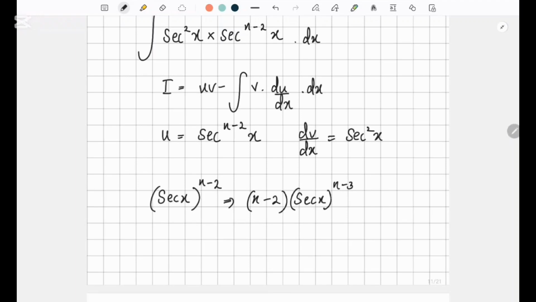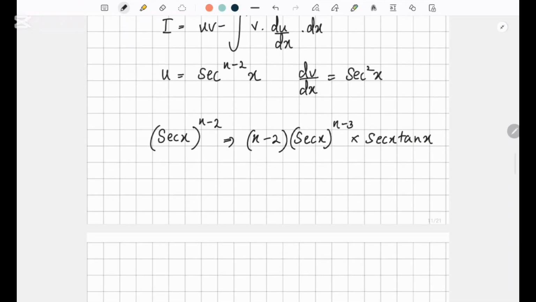And then you have to differentiate what you have inside. And the differentiation of sec x is sec x into tan x. Well, that's very easy, but if you guys want me to show that, please drop a comment. I'll help you guys out with that.